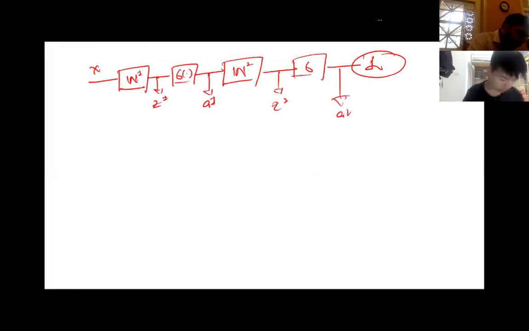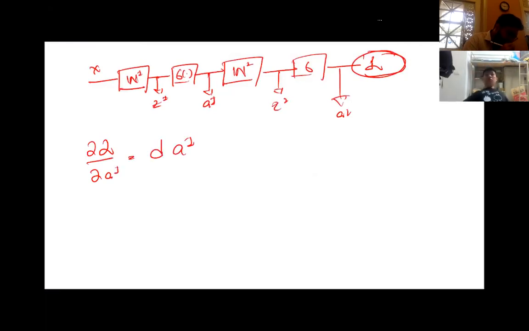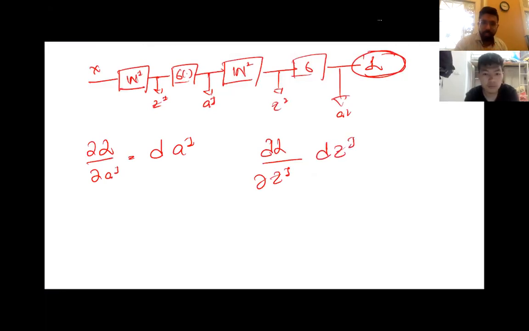So the convention that I'm going to use is I'm going to write the partial derivative of L with respect to a1 as dA1, and the partial derivative of L with respect to z1 as dz1, and so on. So d would represent partial derivative. If I take the partial derivative of L with respect to a2, like I said, this is dA2.